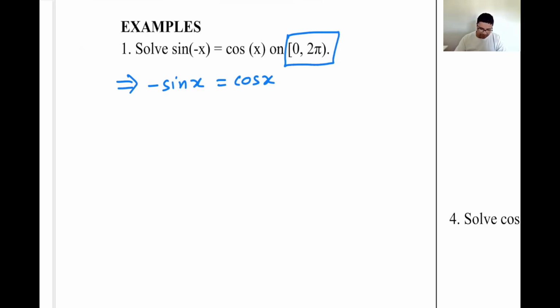Again, that itself doesn't help much. So as I was saying a while ago, maybe you can square and use Pythagorean identities. That's one idea.